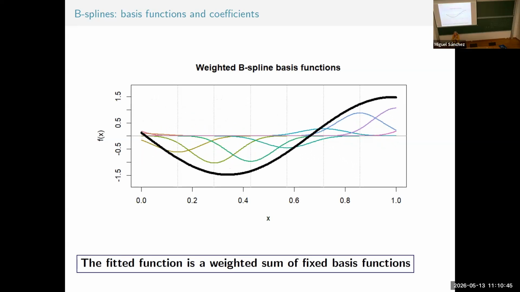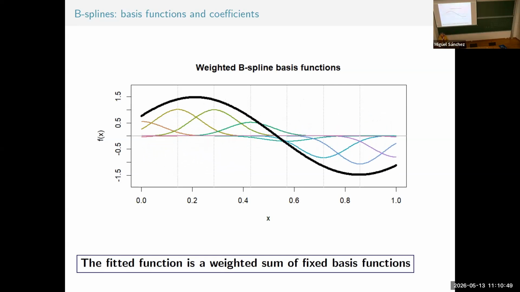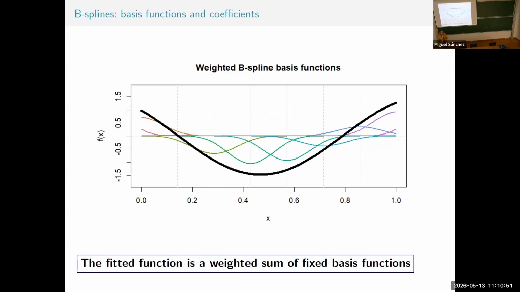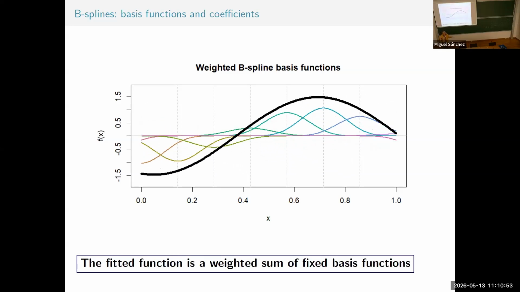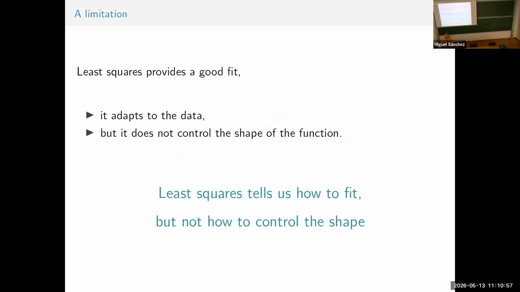So once you have your basis, you give some weights to the B-spline basis, and depending on the weights, you get different shapes, okay? That's what you do. Of course, the key point is how do you choose these weights? You can use least squares, the basic thing. Your B-spline basis evaluated at your observations becomes a known matrix B, and you have some coefficients a attached to it, so you use least squares.